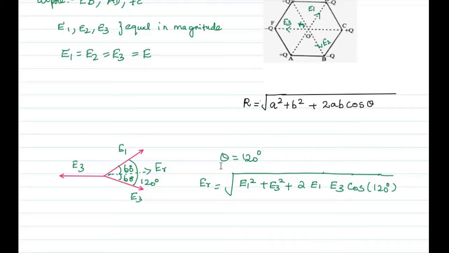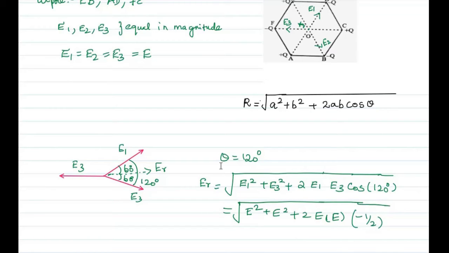We know that E1 is equal to E2 is equal to E3 is equal to E, so make use of that. Then we get E squared plus E squared plus 2 times E into E, replacing E1 and E3 by E, and cos 120 degree is minus 1 by 2. So this 2 gets cancelled.